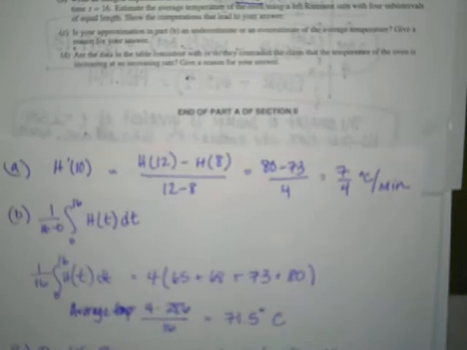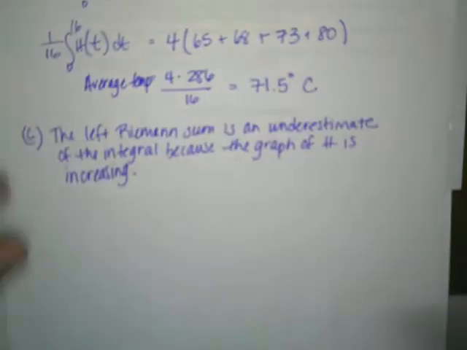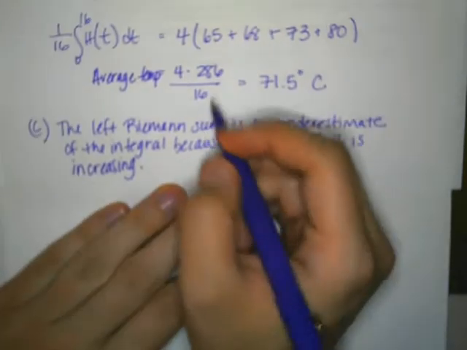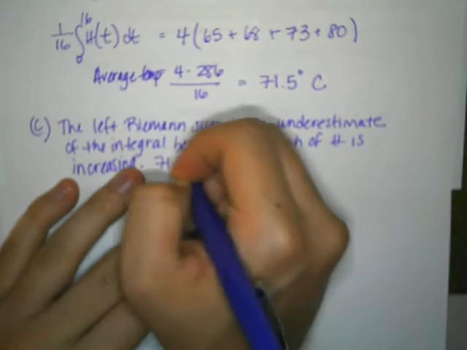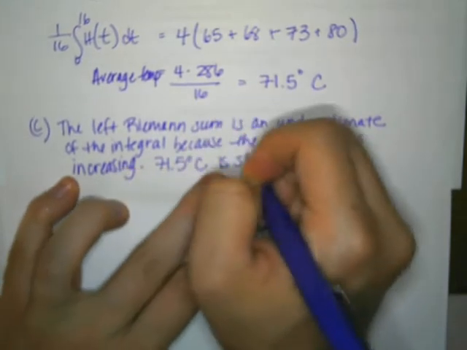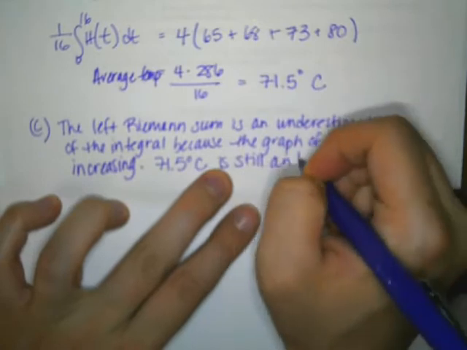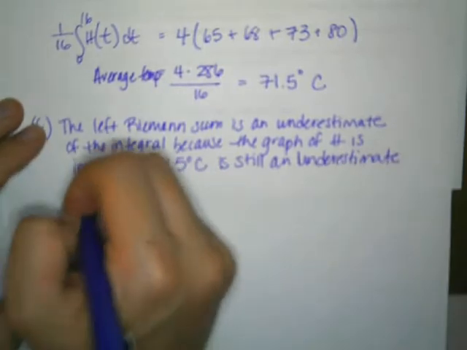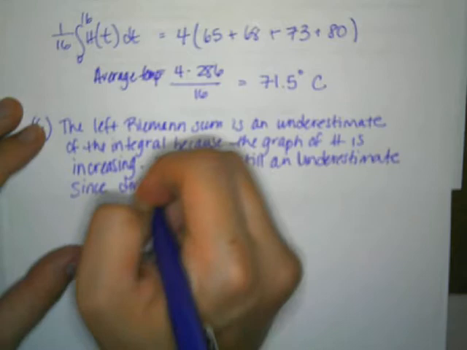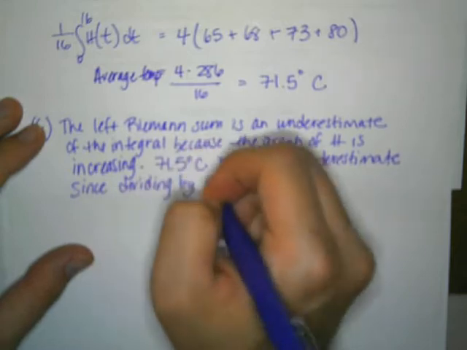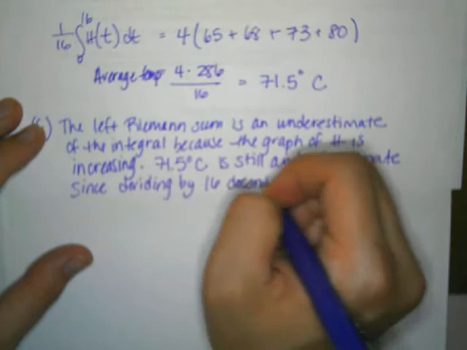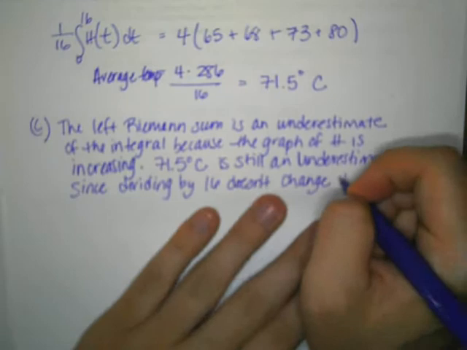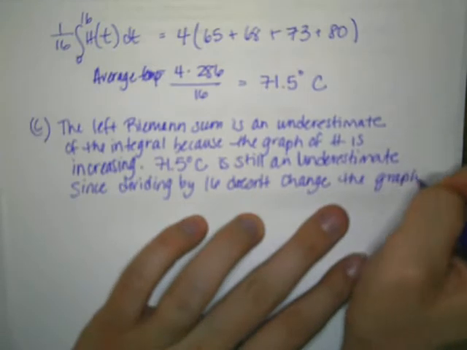And then my approximation, so this is just talking about the left Riemann sum, but my approximation was the average. Okay, 71.5 degrees Celsius is still an underestimate, since dividing by 16 doesn't change the graph.